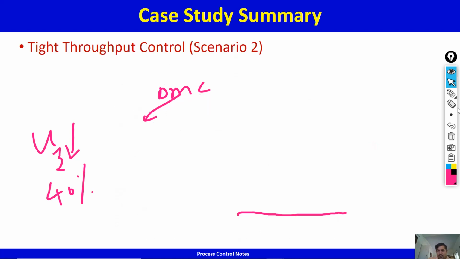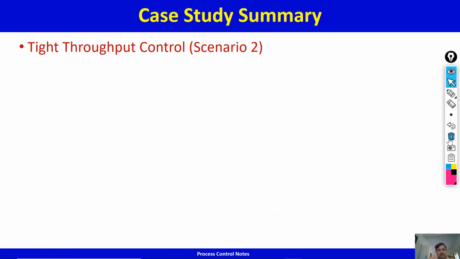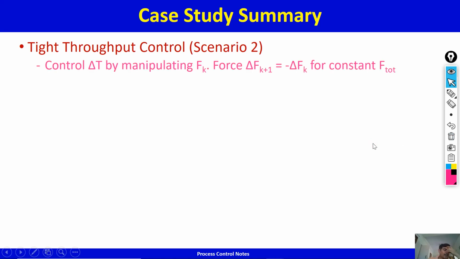So now let's go over the summary. When you want tight throughput control, that means F dot should be constant, no deviations allowed, scenario 2. For this we've got CS1, and what we need to do is control the difference between adjacent tube passes, that is delta T, by manipulating flow through a tube, and then you also force the flow through the adjacent tube to be negative so that F dot remains constant.